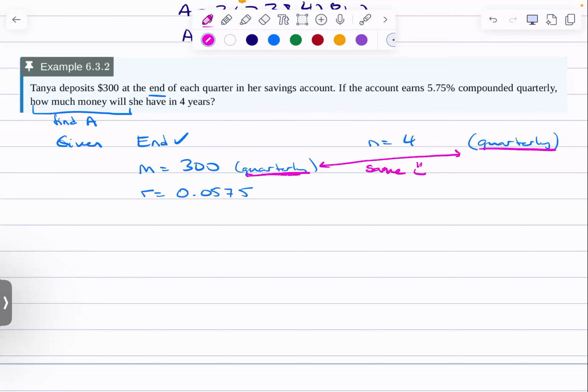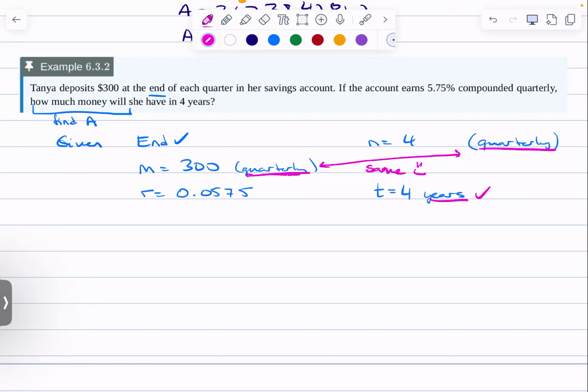Right? They will be the same, but just want to make sure. And finally, T is 4 years. And for compound interest and annuities, T has to be in years. Right? And so that's good.